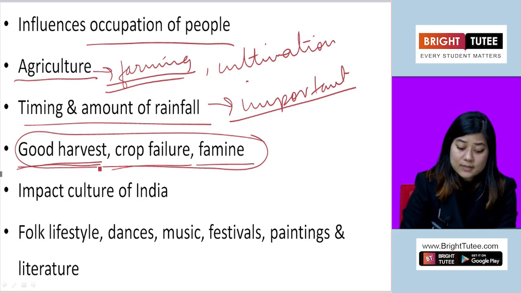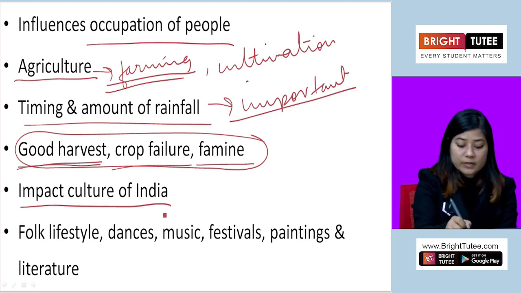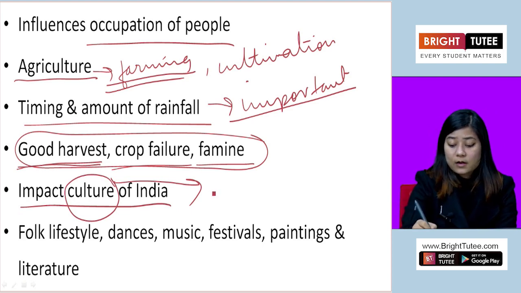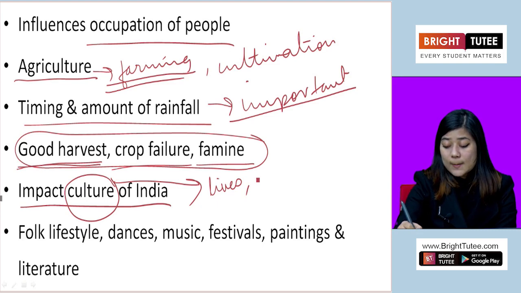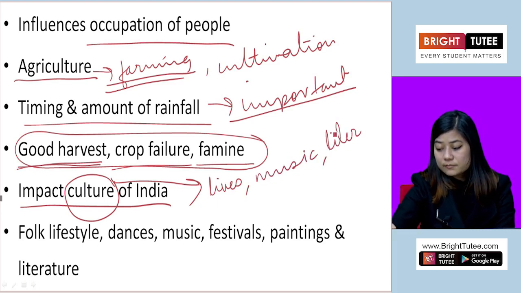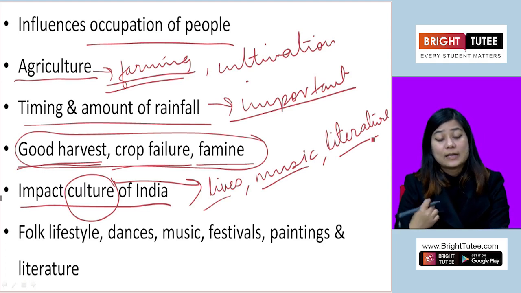In a similar manner, the climate also impacts the culture of India. Culture meaning how we live, our lives, music, literature, all of these are also influenced by the climate.